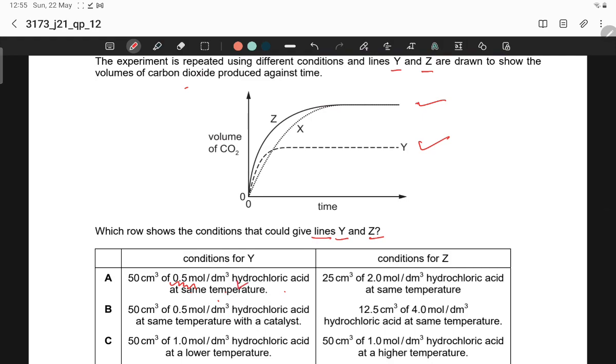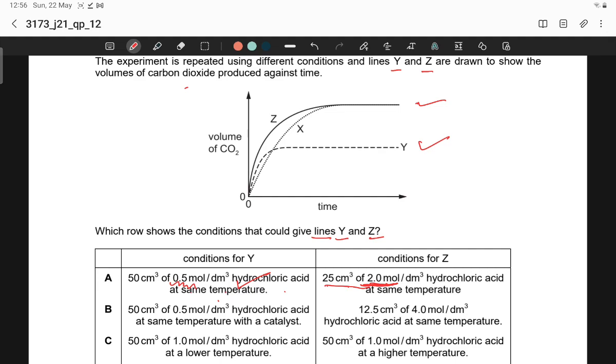So this must be correct. 25 cm³ condition for Z. 25 cm³ of 2 mole per dm³ hydrochloric acid at the same temperature. Concentration is higher, so more products are formed when we increase the concentration.